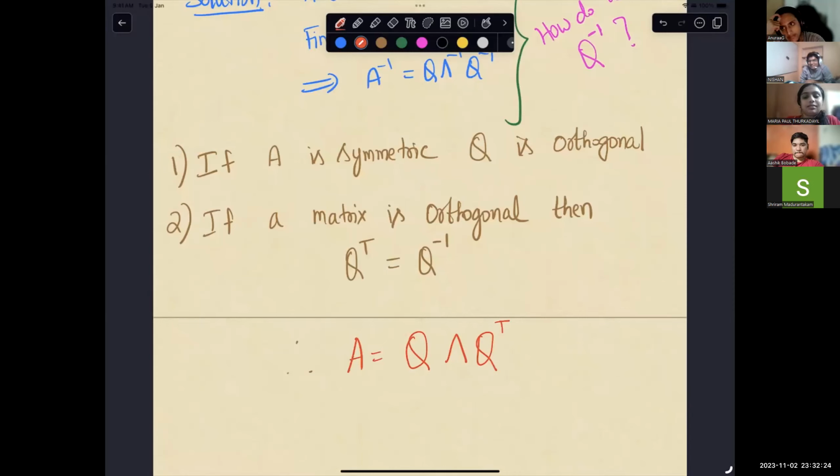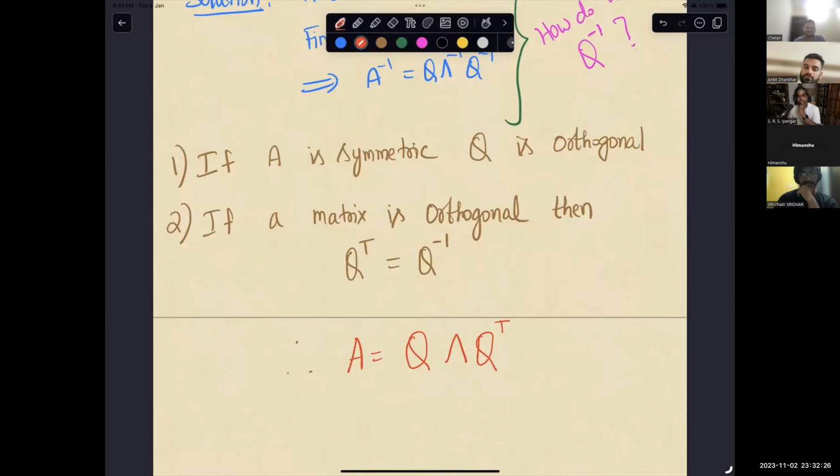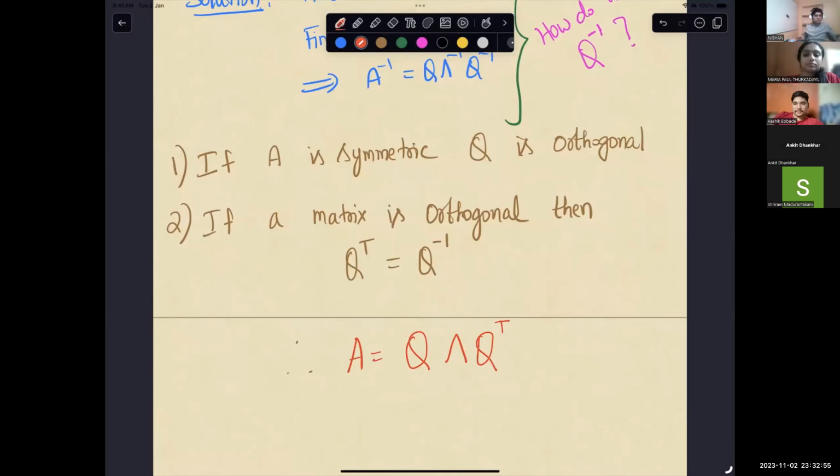Why? What am I saying? Inverse becomes so much easier when A is symmetric. Your eigenvectors are orthogonal. If eigenvectors are orthogonal, the inverse of such an eigenvector matrix Q is the same as its transpose. And we know how to do transpose very easily, which means doing inverse, which otherwise is a very complicated process, becomes such an easy process if you have Q transpose.